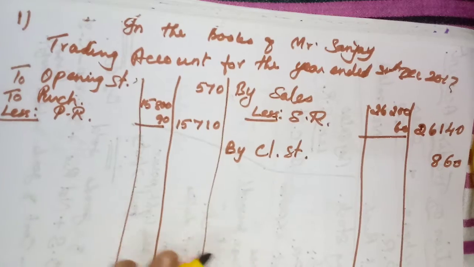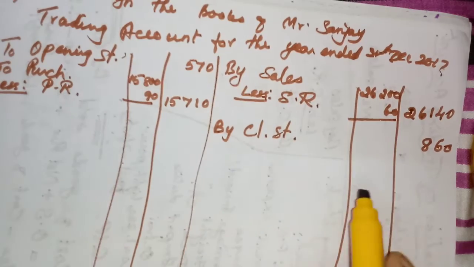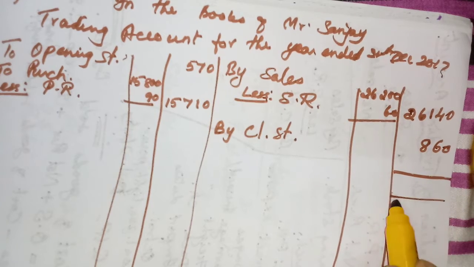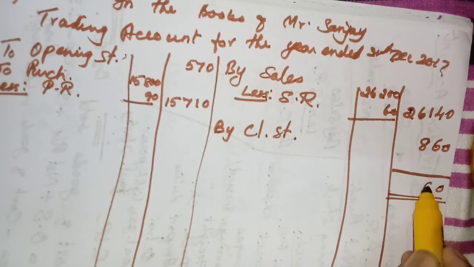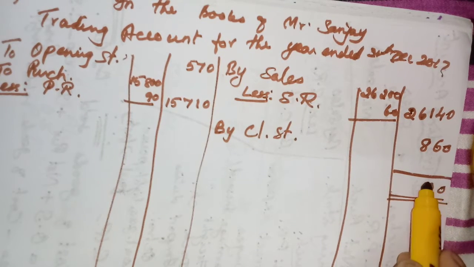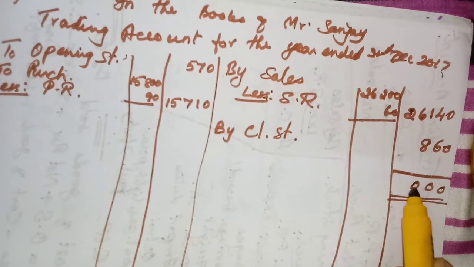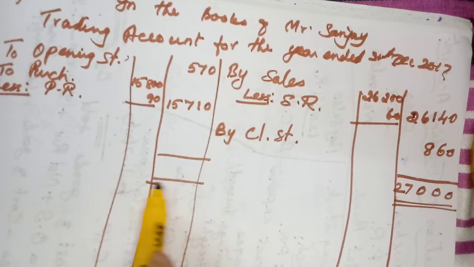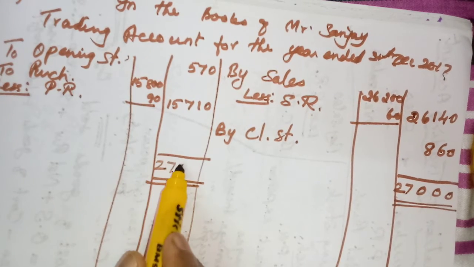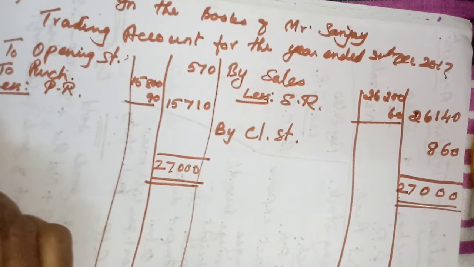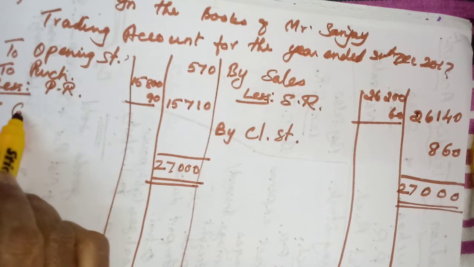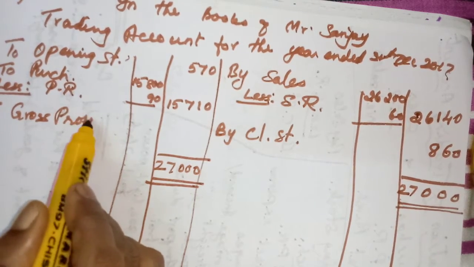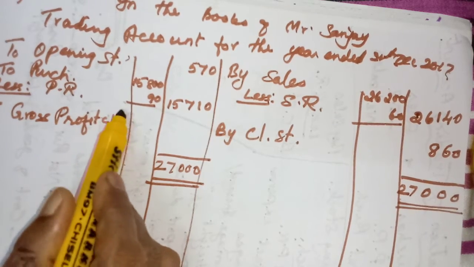Now we need to balance this account. Here the credit side is more, so you add and write that amount: 9 plus 1, 10, 7, 27,000. That same amount you write here, 27,000. Now write to gross profit carry down.